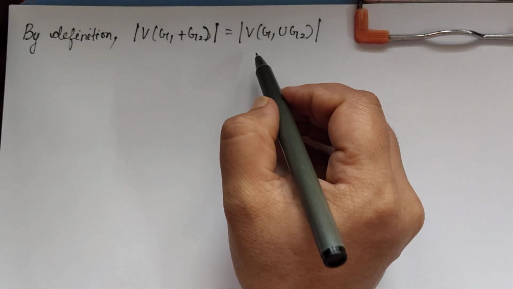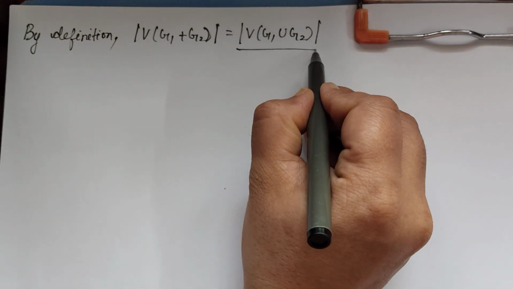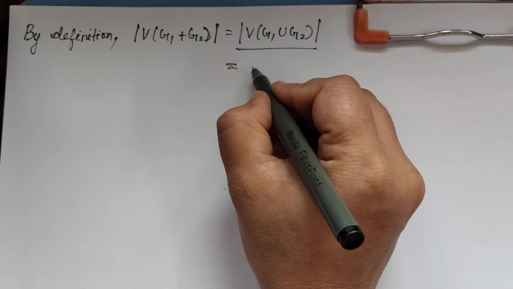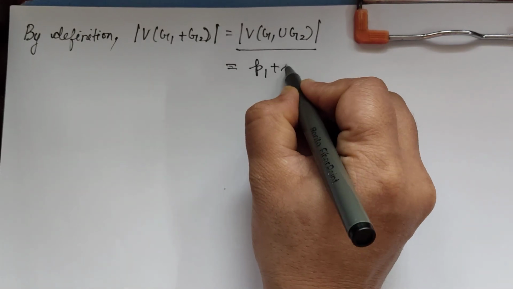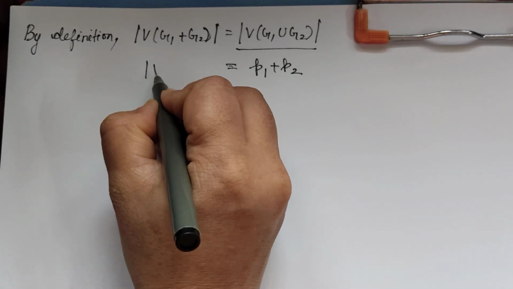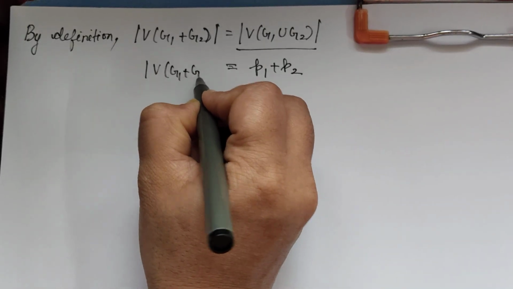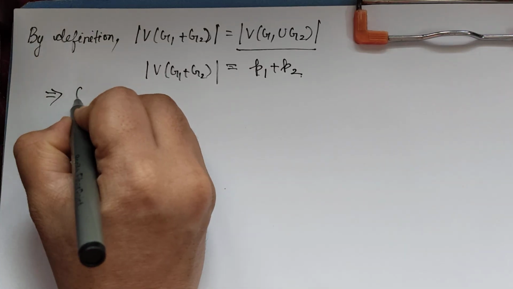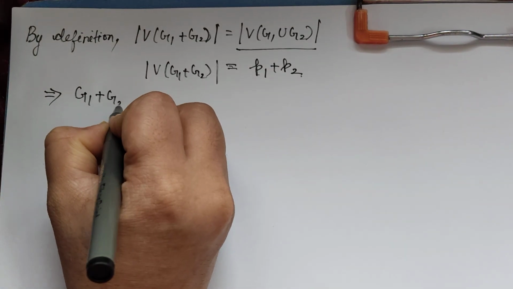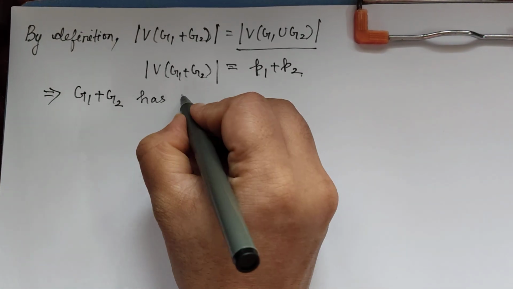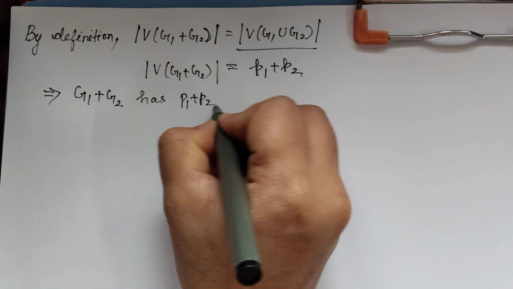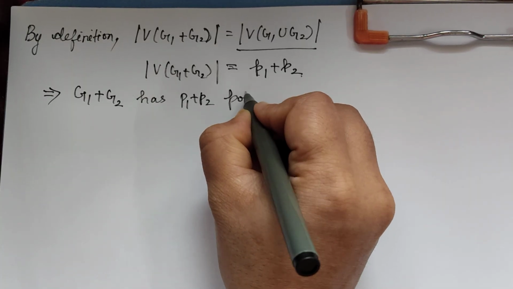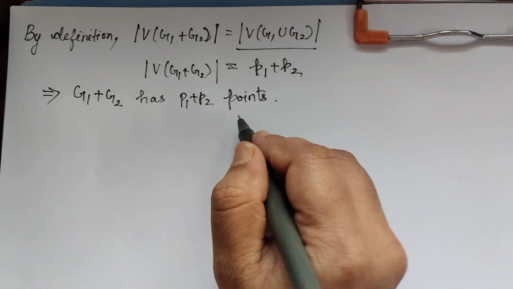We know that the vertex set of G1 union G2, from the first subdivision, is equal to P1 plus P2. So therefore the vertex set of G1 plus G2 is equal to P1 plus P2, which implies G1 plus G2 has P1 plus P2 number of points. So we have proved about the points.